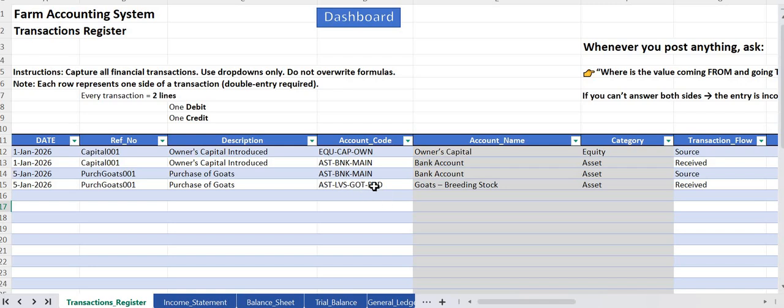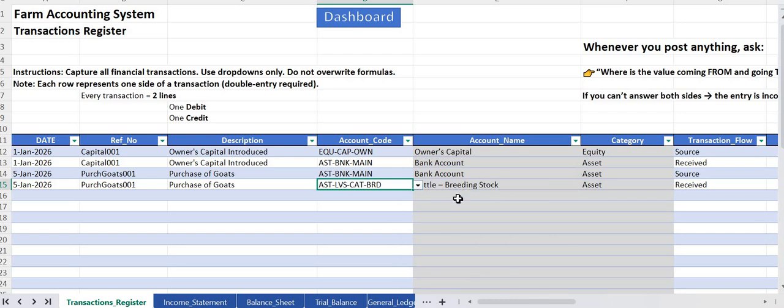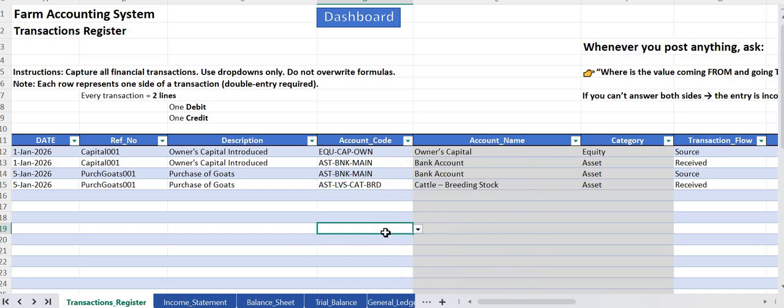If it was cattle, then we would have gone for offset livestock cattle, whether it's breeding or non-breeding, and then it would change accordingly. But we've got goats, so let us just stick with goats.